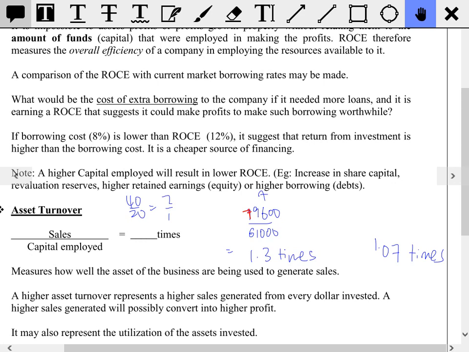So this is 79.6 divided by 61, which is actually 1.3 to 1. Meaning, this is my capital employed. $1 of capital employed will generate $1.30 of sales. Whereas for this company, 107 to 1. So which company is better? A or B?